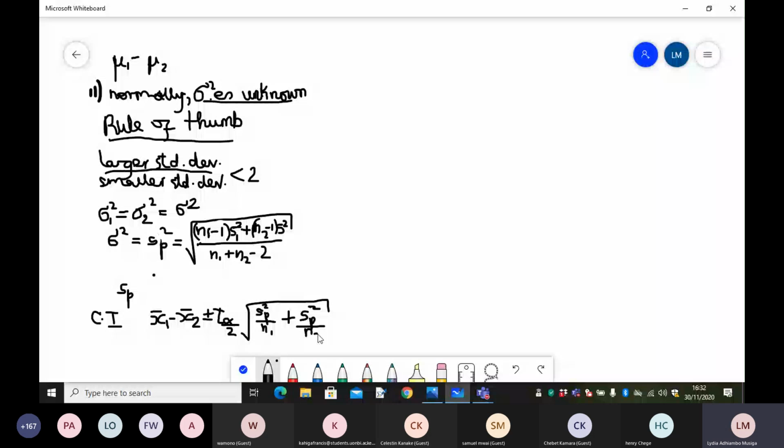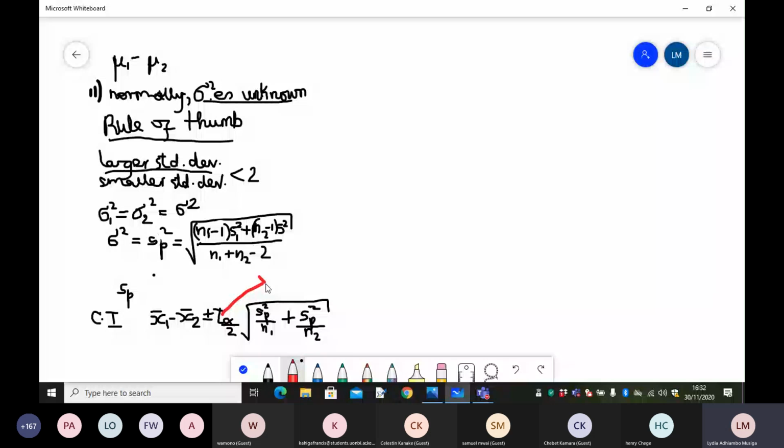So we can look at an example, but before we look at the example, you need to note something. Note that this T alpha over 2 has how many degrees of freedom?